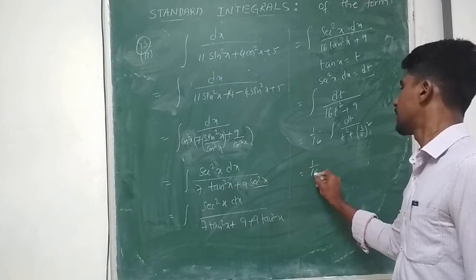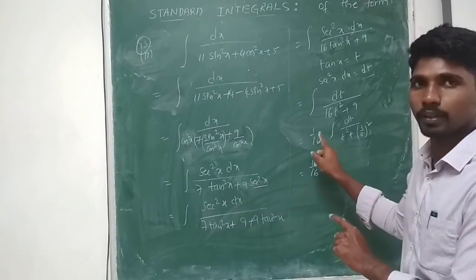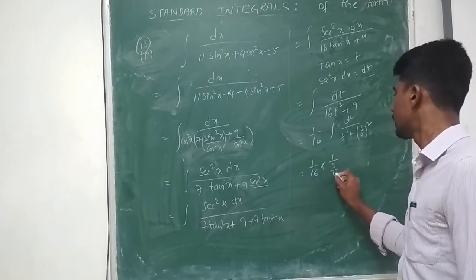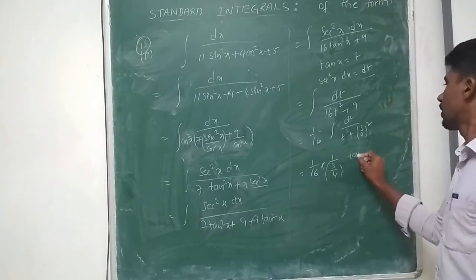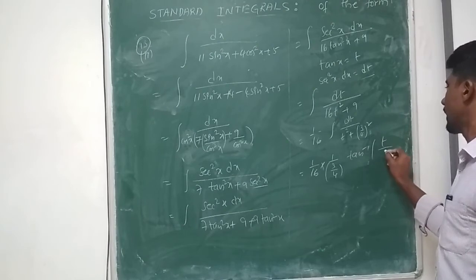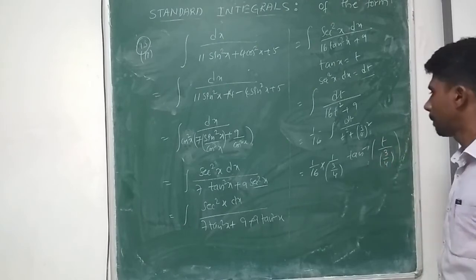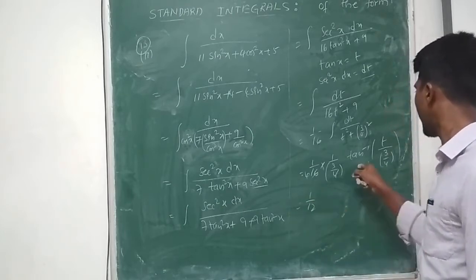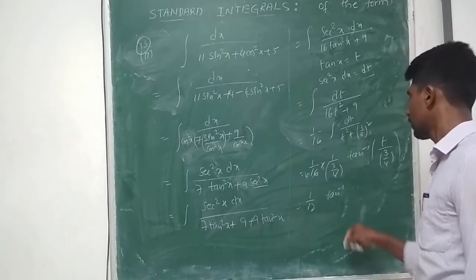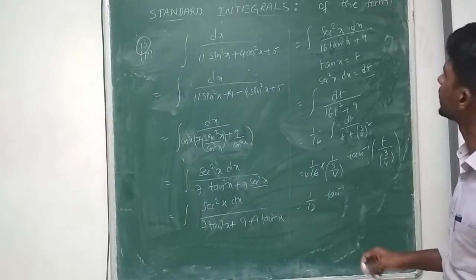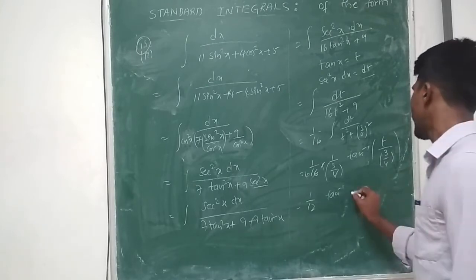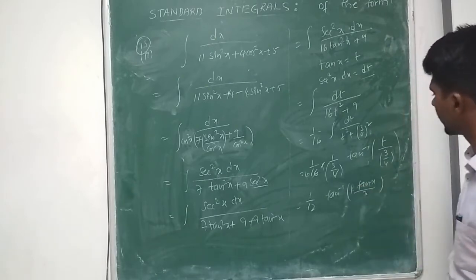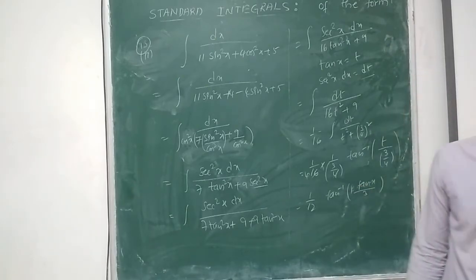So I get 1 by 16 into 1 by a, where the value of a is 3 by 4, tan inverse of t by a, that is t by 3 by 4. 4 ones are 4, 4 sixteens are... so I get 1 by 12 into tan inverse of 4 by 3 t, and t equals tan x. So tan inverse of 4 by 3 tan x.